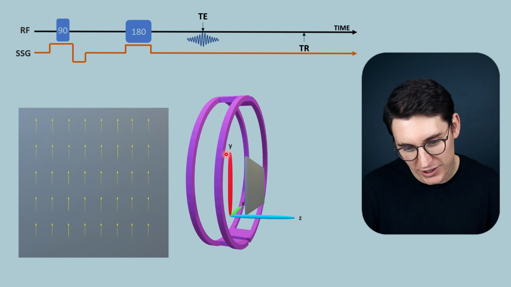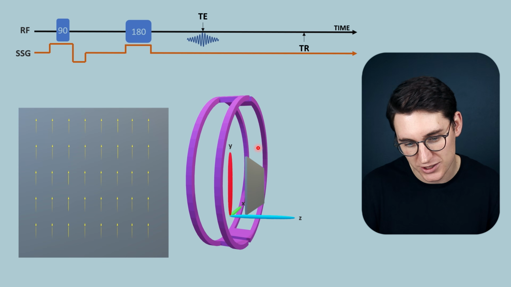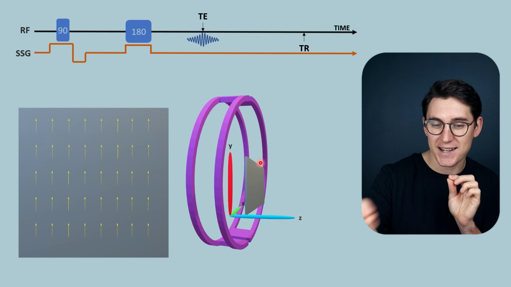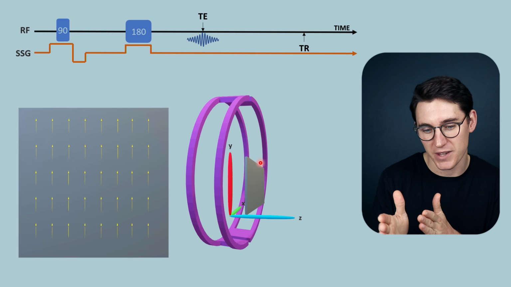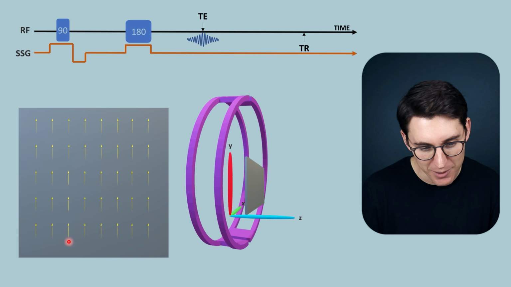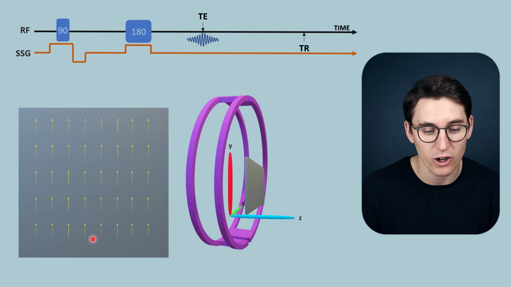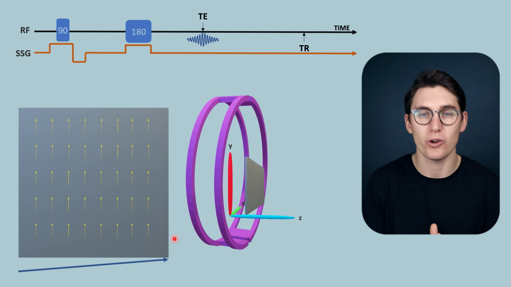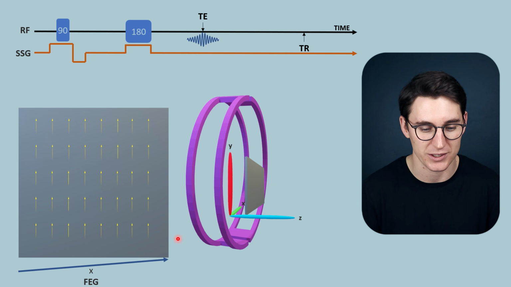We apply a different current to this half than we do to this half, and what we get is a magnetic field differential along the x-axis into our screen here. That magnetic field differential is going to apply a magnetic field strength difference along the x-axis of the slice that we've selected. This is what's known as the frequency encoding gradient.